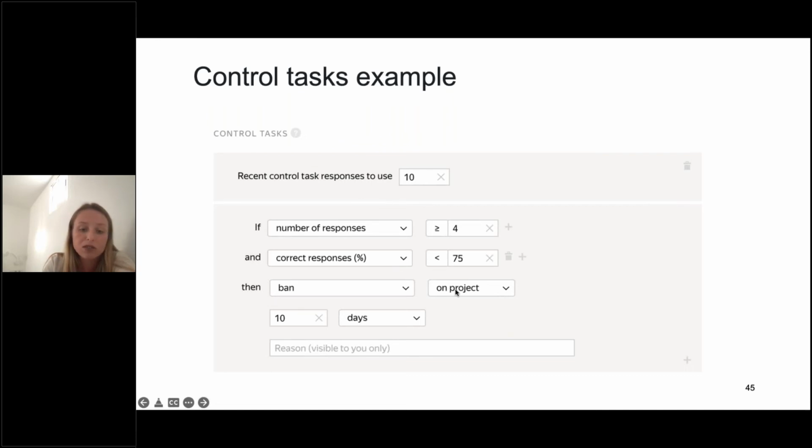And if his accuracy falls below 75%, we ban him on the project for some time. So this is a way of using control tasks for disabling access to performers who are labeling our data incorrectly.